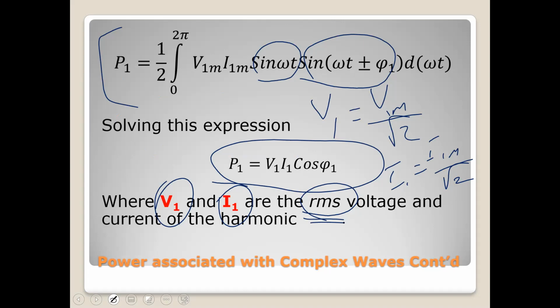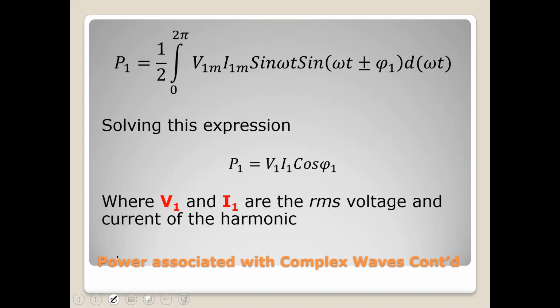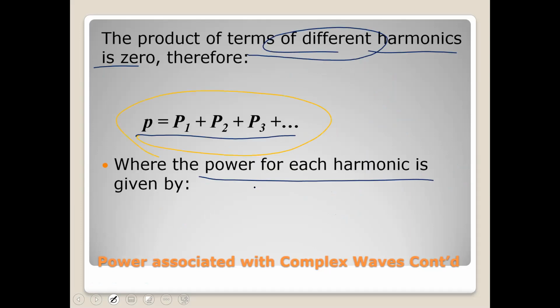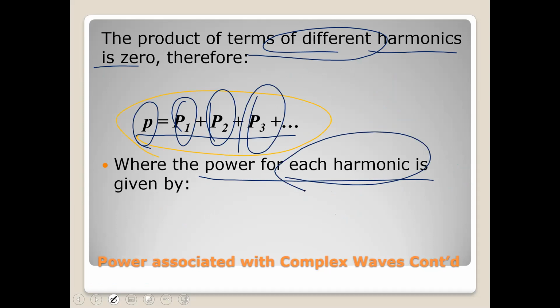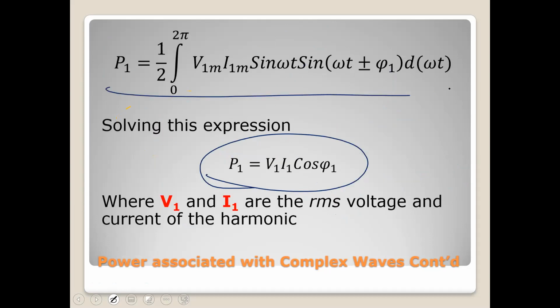All right, so we are saying here that P1, remember we said that the instantaneous power is going to be equal to the sum of the powers for each of the harmonics. So P1, when we solve this integral, and if you have time, go ahead, be my guest, solve it.